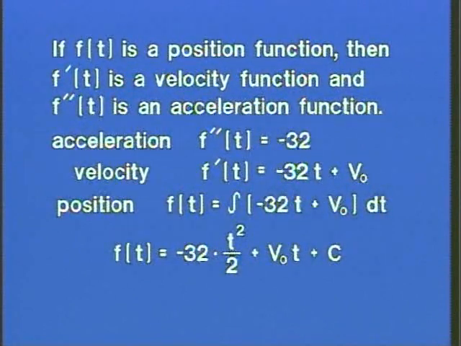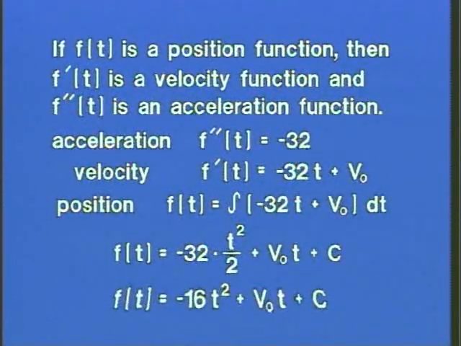And then attach the t to the v0, and then add a constant, and we're done. Now the negative 32 and the 2 can cancel, so we get negative 16t squared plus v0 t plus c.